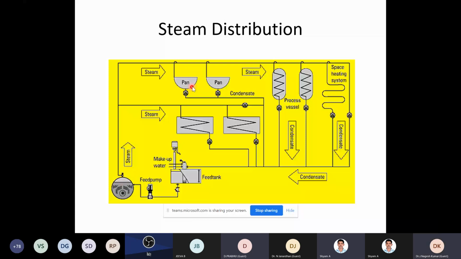The second thing is the condensate itself will be at a slightly higher temperature, 80 to 90 degrees centigrade. And when you send back the condensate in hot condition to the boiler, you're going to save fuel in the boiler. For every 6-degree rise in the boiler feed water temperature, there will be a 1% saving in fuel. So this is a typical steam distribution system in an industry.